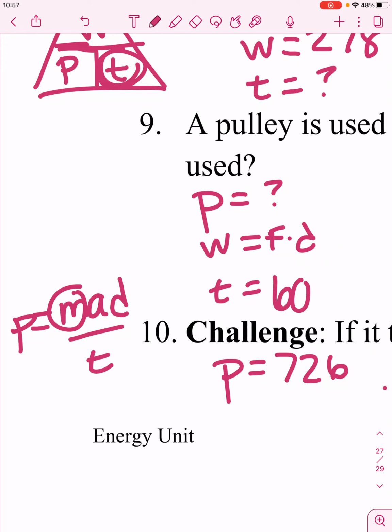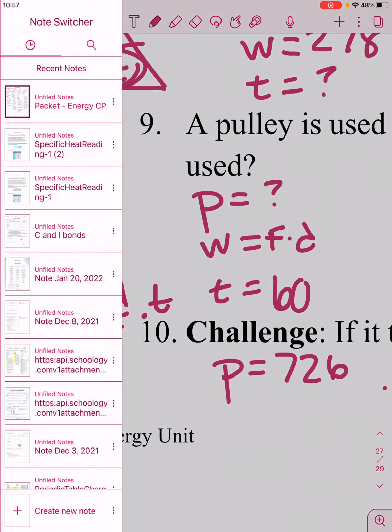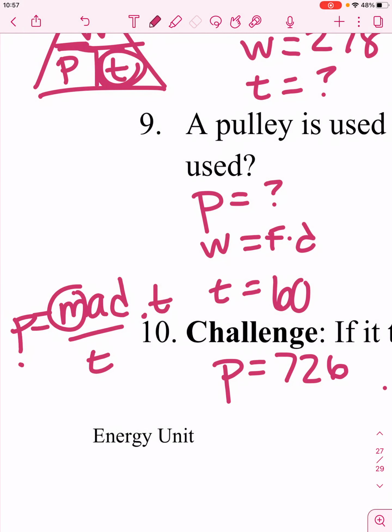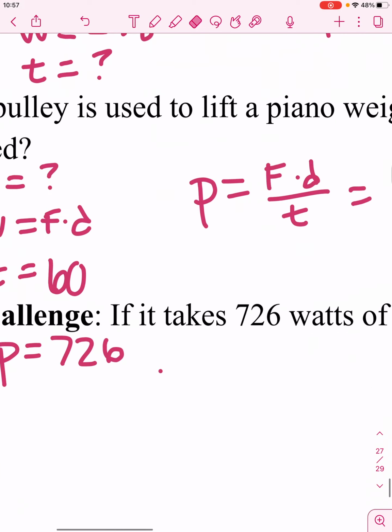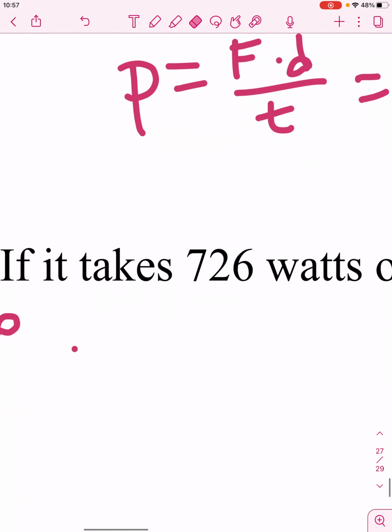So I'm going to go ahead and multiply this side by T and this side by T. Okay, so I have P equals MAD over T. And again, this MAD comes from the M and A comes from the force, and the D comes from the distance, and both of those come together to make work.